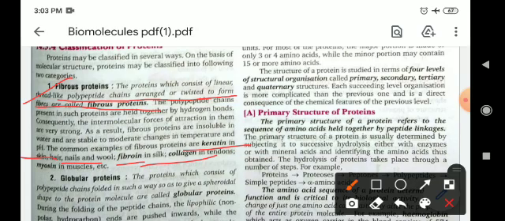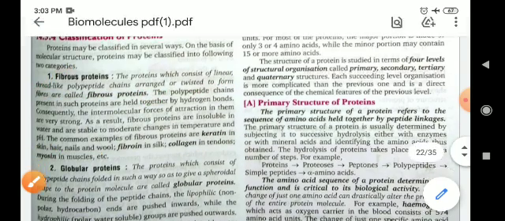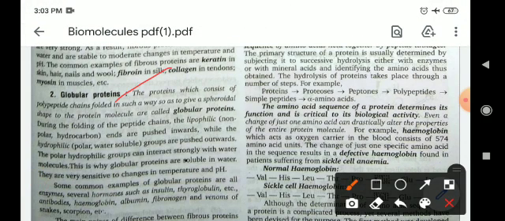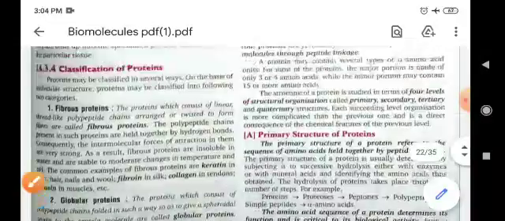These are basically the proteins which are known as fibrous proteins. Globular proteins: the proteins which consist of peptide chains folded in such a way as to give a spheroidal shape to the protein molecule are called globular proteins. For example, enzymes and hormones are examples of globular proteins.